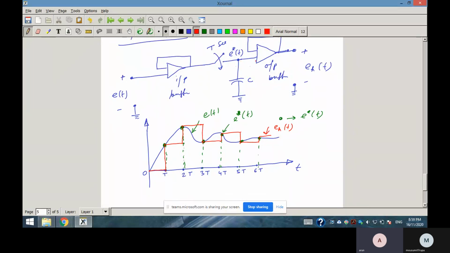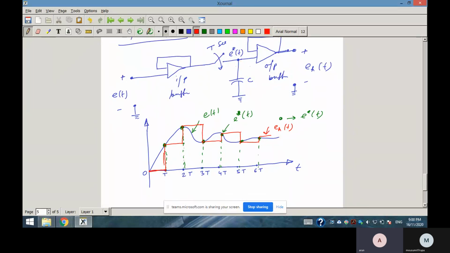Because of the output buffer, your EH will be just like this.